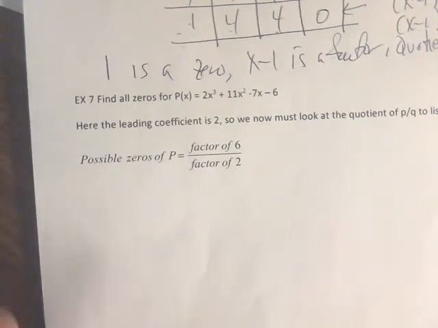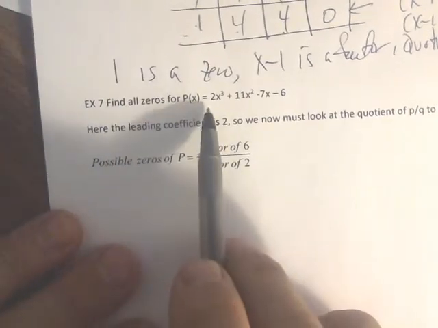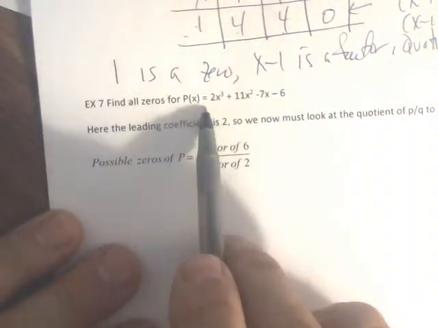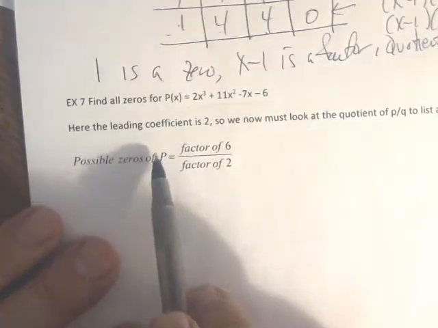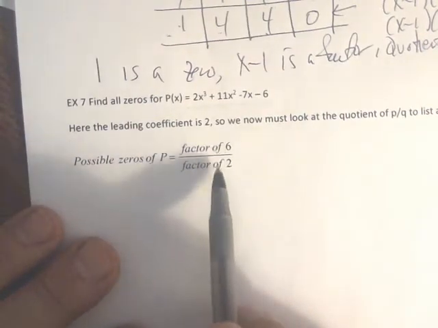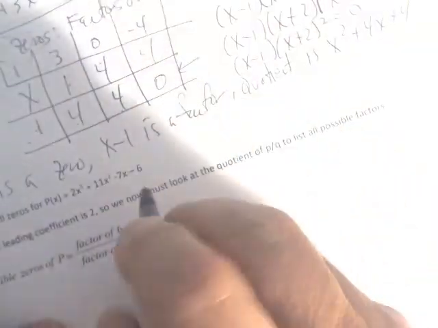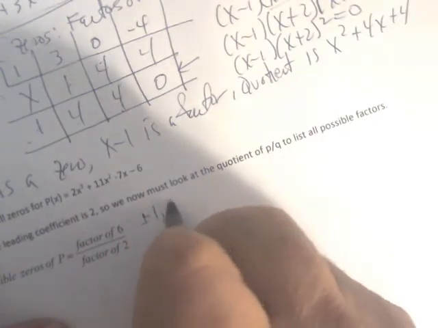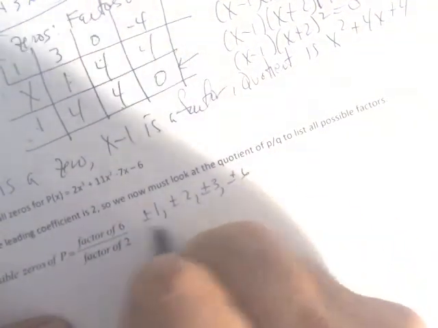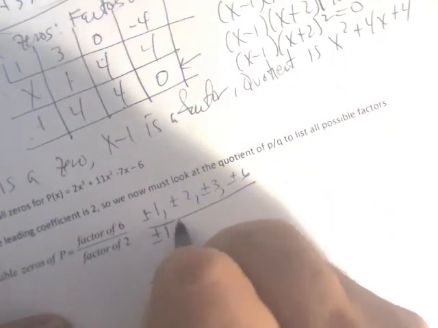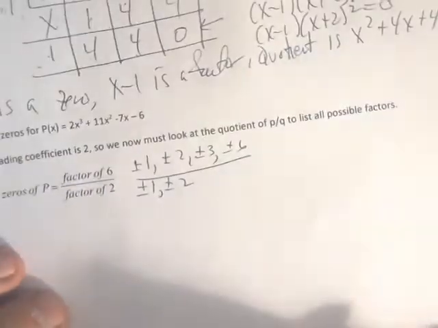So let's look at another one. Again, we want to find zeros for 2x cubed plus 11x squared minus 7x minus 6. So my possible zeros, we have to do our pairing here. So plus minus 1, 2, 3, and 6 over plus minus 1, plus minus 2.